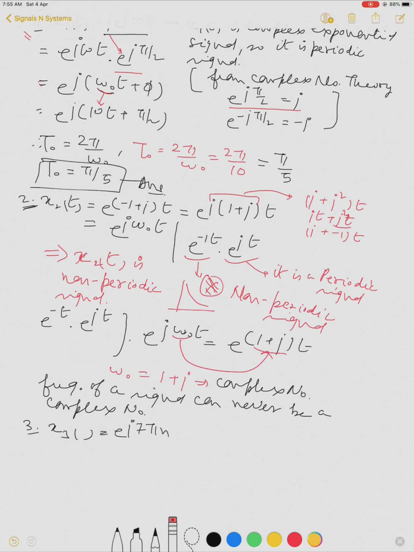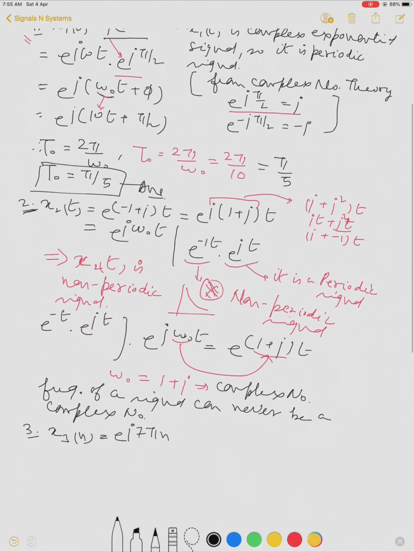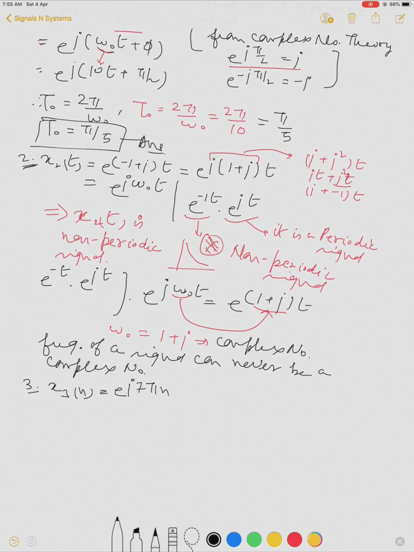Here it is not t, it should be n. Again, the first step is simply to compare it with e raised to the power j omega n, and we know it is a discrete signal.